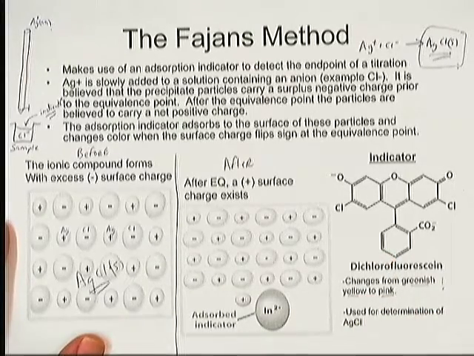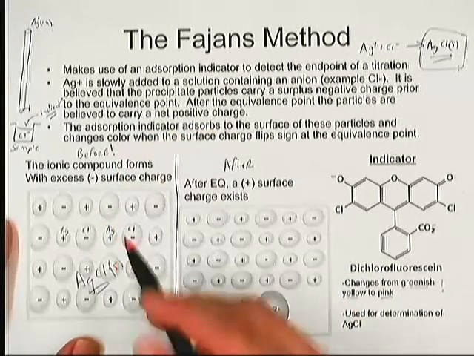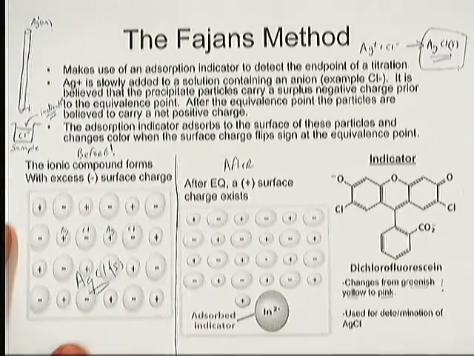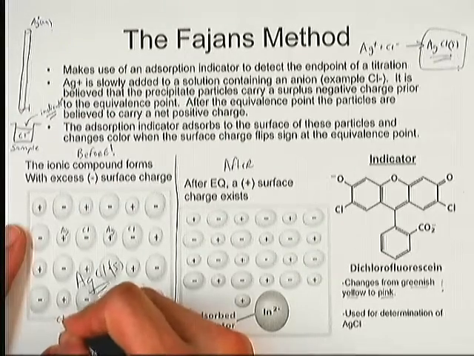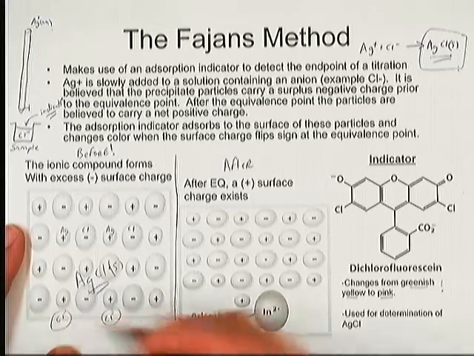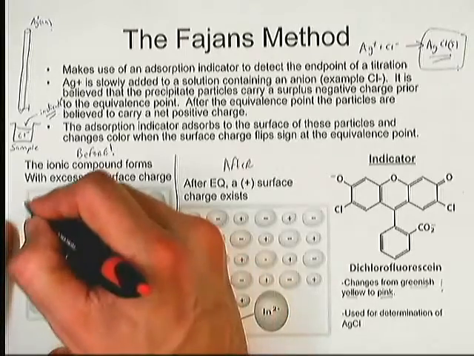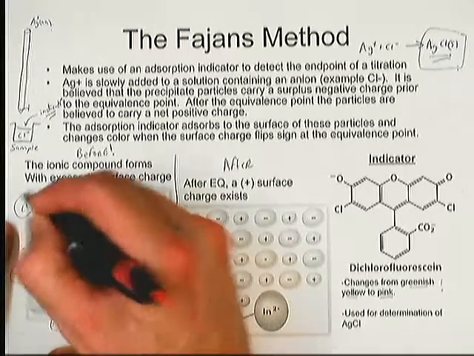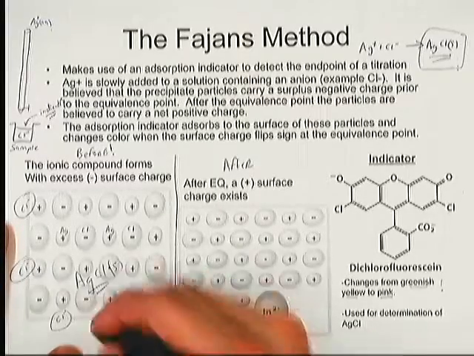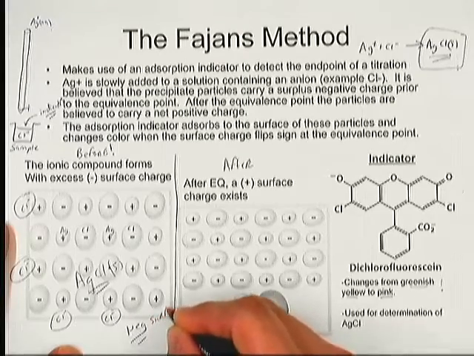Now, before the equivalence point, before I add enough silver, the next layer of negative chloride ions are going to accumulate here at the surface of this crystal as it's forming. And that's going to lead to a slightly negative surface charge.